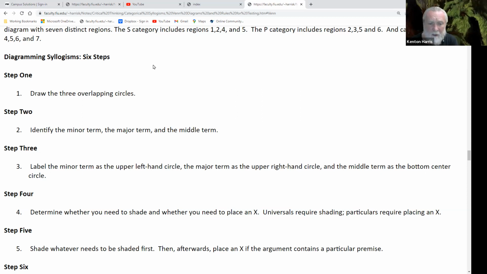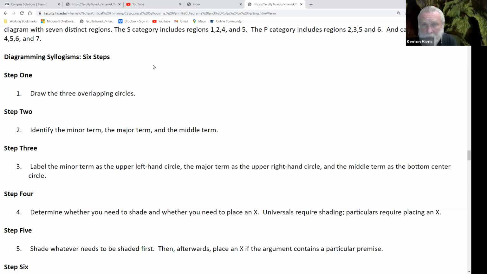Step 4, determine whether you need to shade or place an X. Recall that universals require shading and particulars require placing an X. If you have to shade, you have to do the shading first, before you do any placing of X's. If both your premises are universals, it doesn't matter which one you shade first.